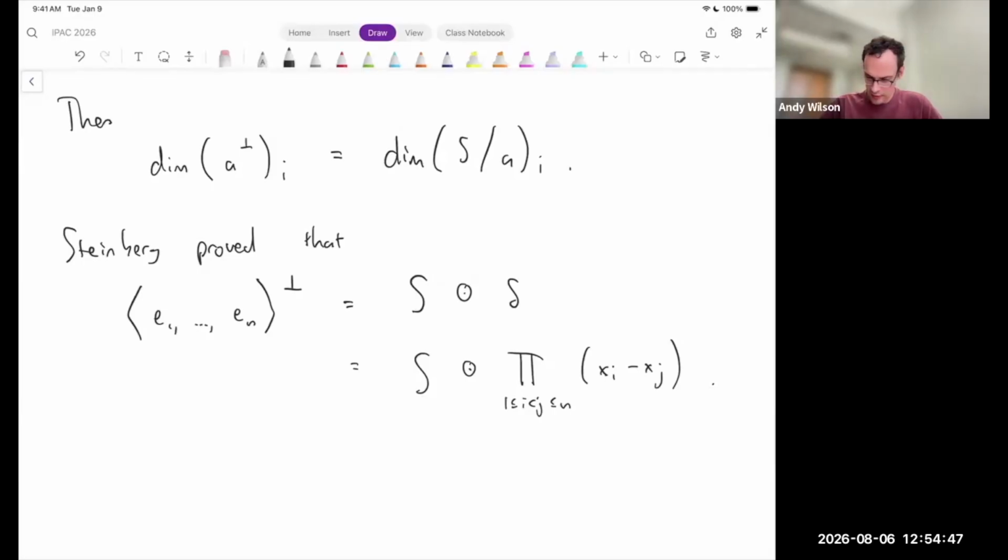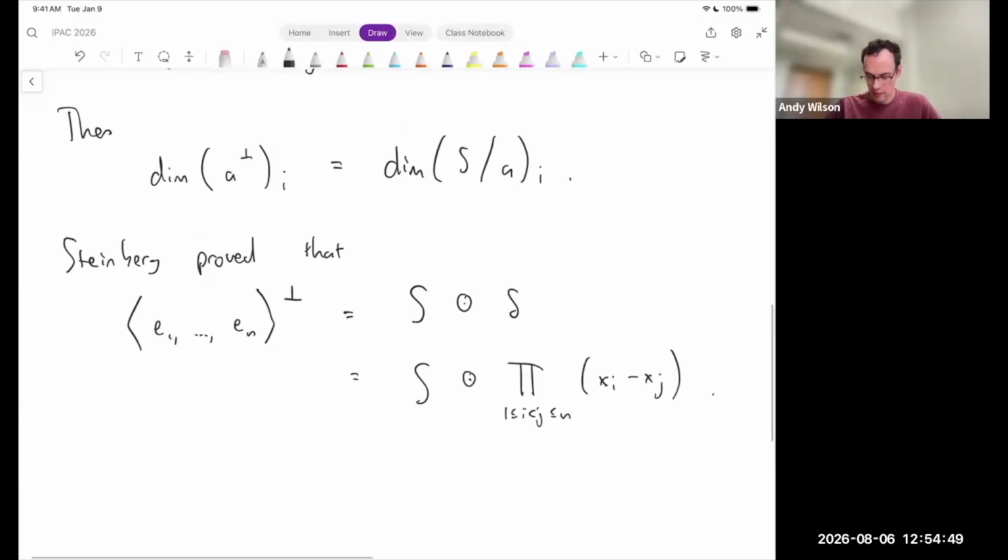So the last thing I want to say then is, okay, so this is a concrete way to look at the graded vector space structure of the quotient ring of this ideal using partial derivatives.